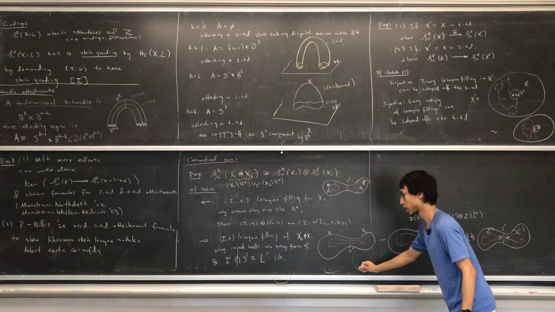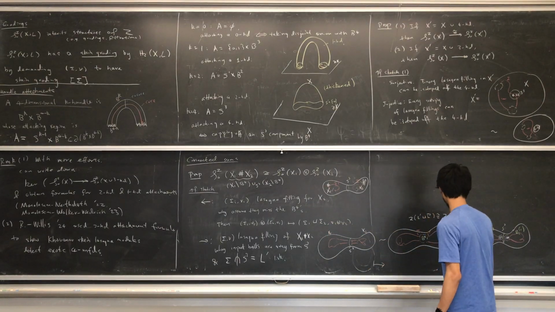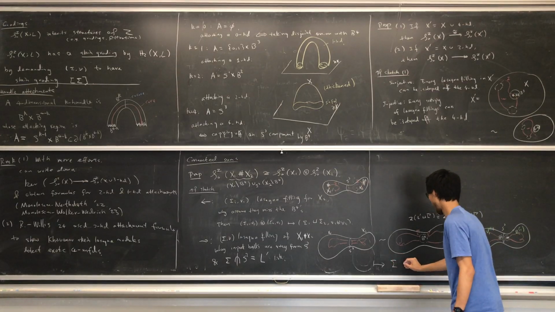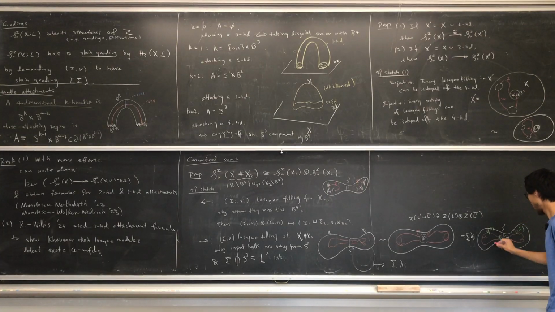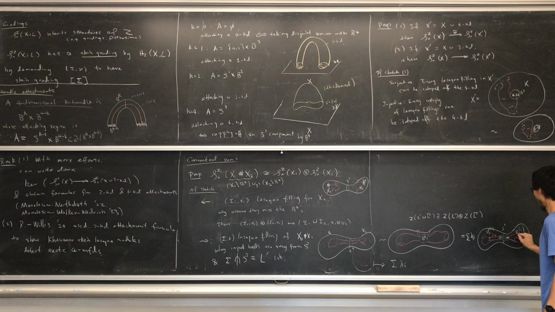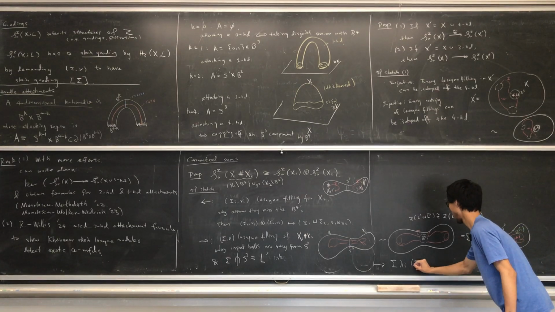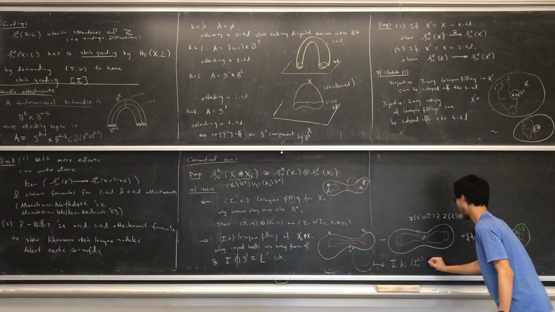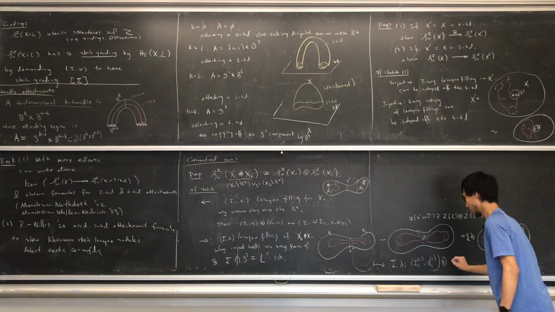So I declare that my forward map is going to map that element to the sum of lambda_i, sigma 1,i, sigma 2,i. But it's a sum over all possible links, right, in S3?